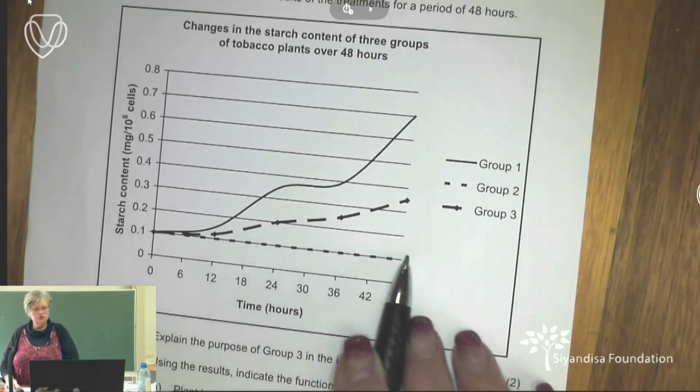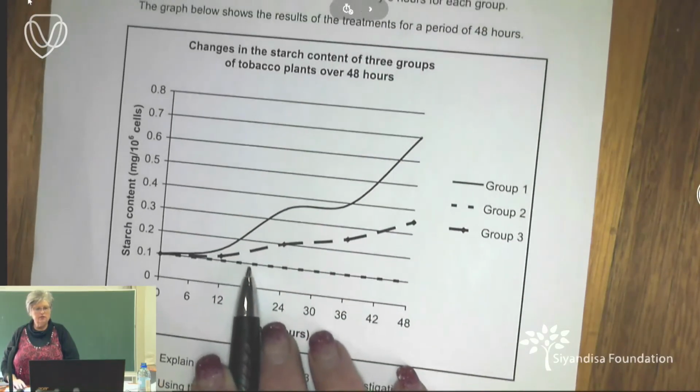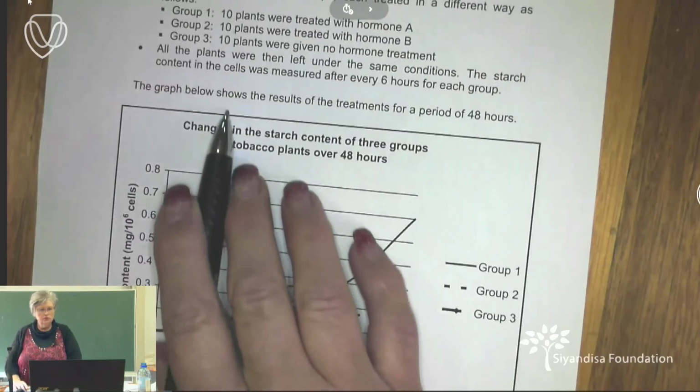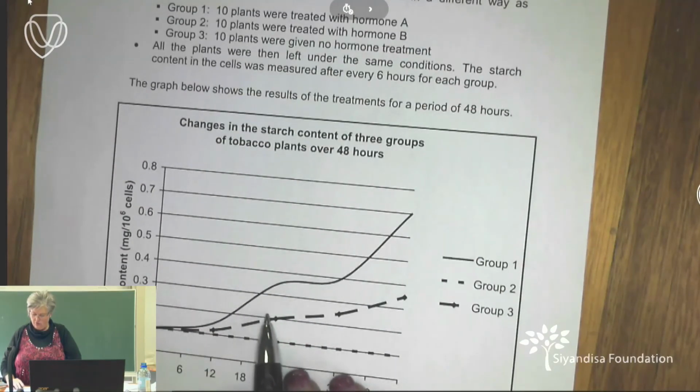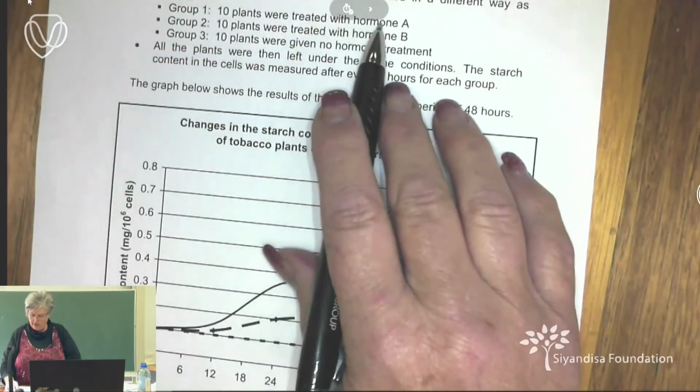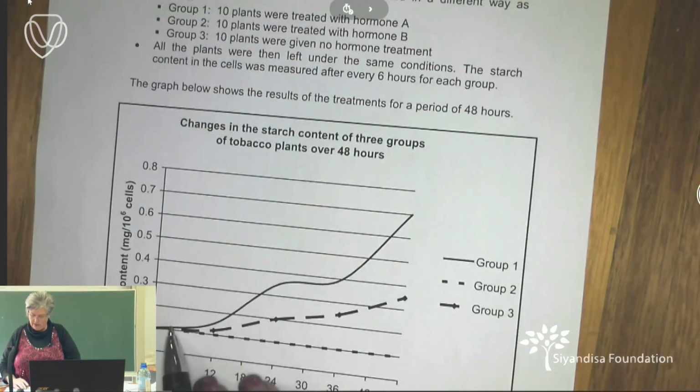So group 3 was not treated by any hormone, so it acted as my control. And then indicate what is the function of hormone A.